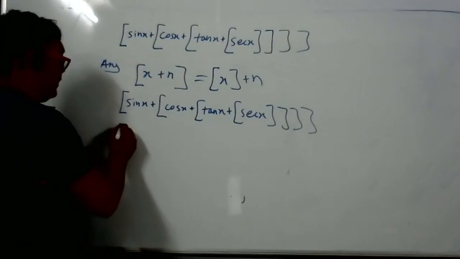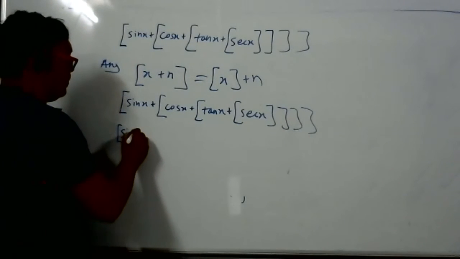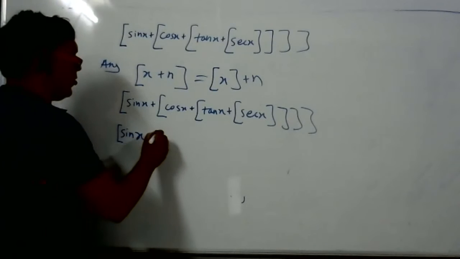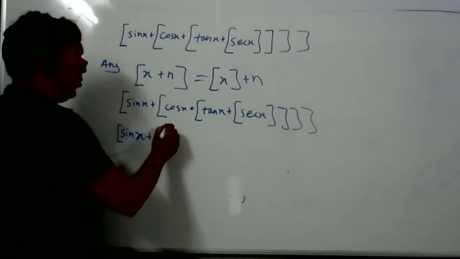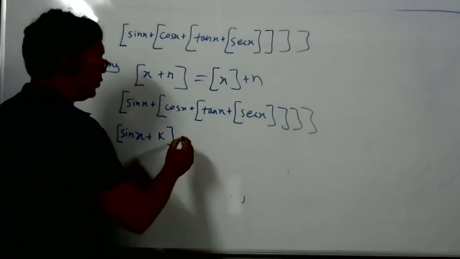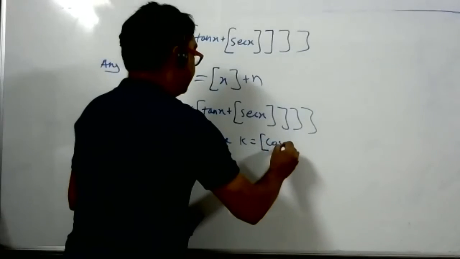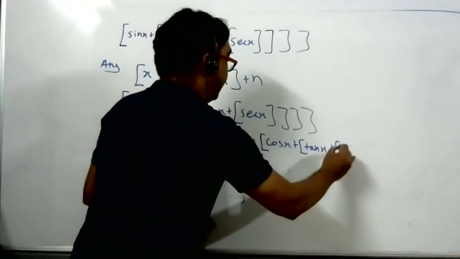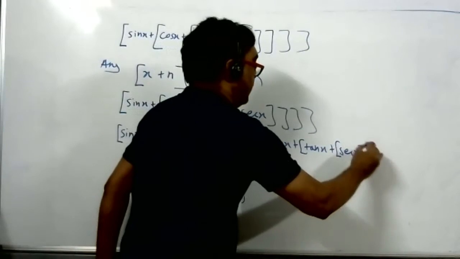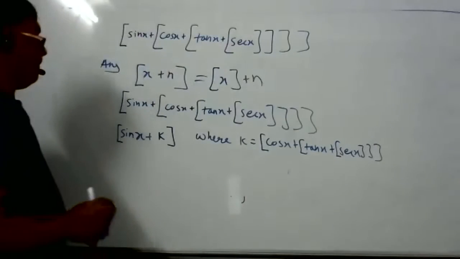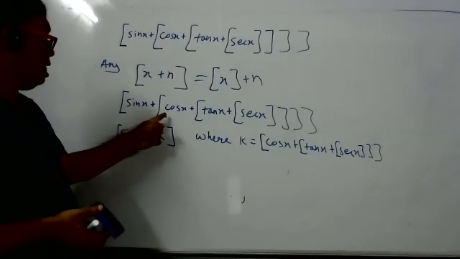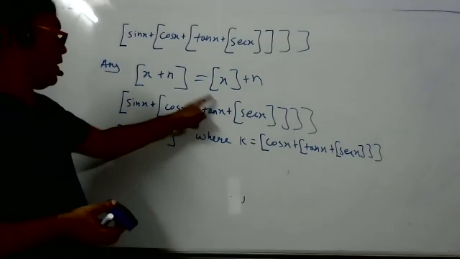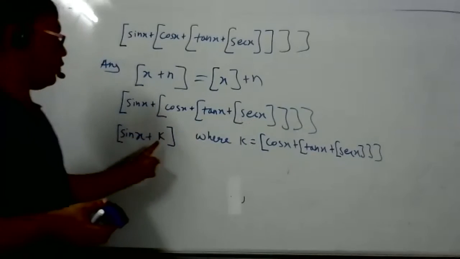Suppose I write here sin x plus k, where k is bracket cos x plus bracket tan x plus bracket secant x. Okay, this is k. Correct now? I can write that way now.